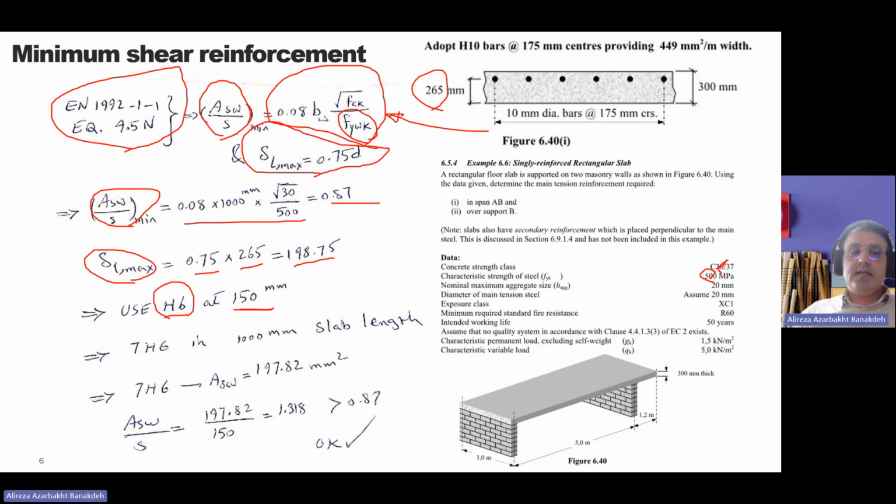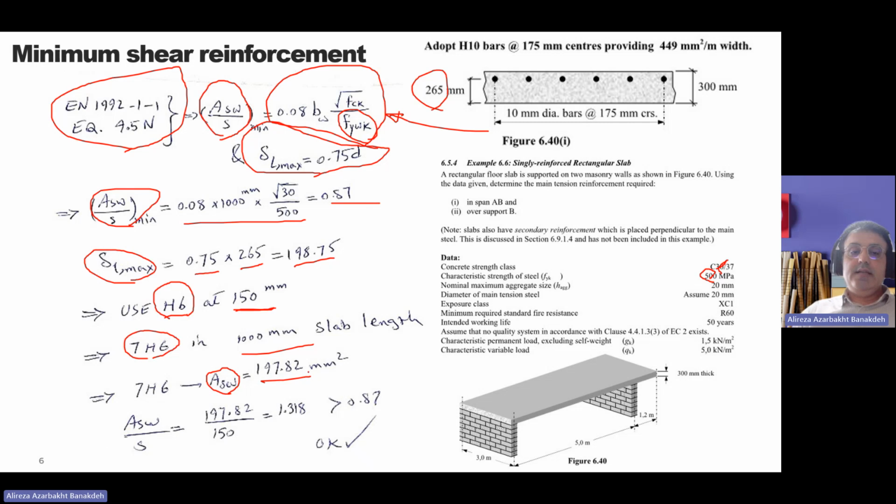So I'm working in 1 meter. If I put one shear reinforcement every 150 millimeter, I can place 7 reinforcement number 6 in 1 meter slab length, which means I will have the total area of 197.82 square millimeter.